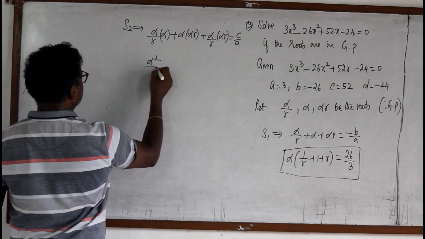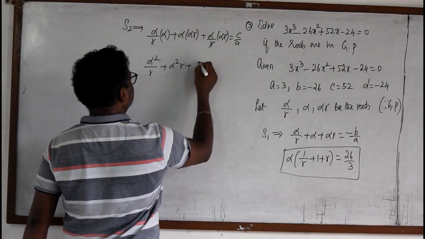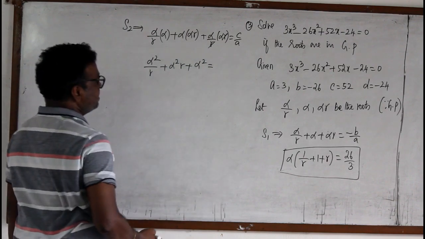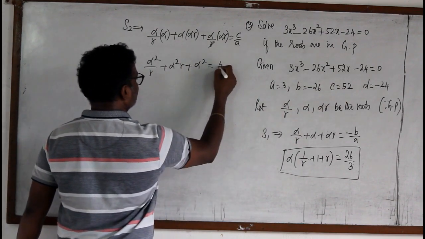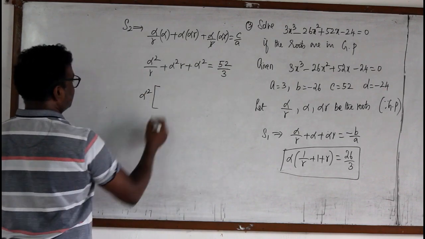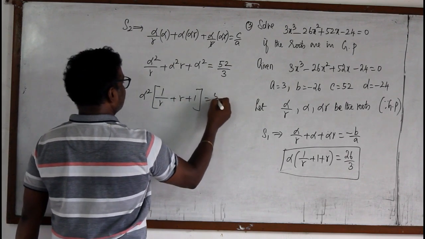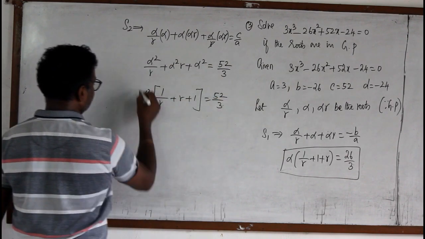This is alpha square by r, alpha square r. Here r cancels, alpha square. C is 52 by 3. I can take alpha square as a common term: 1 by r plus 1 is 52 by 3.